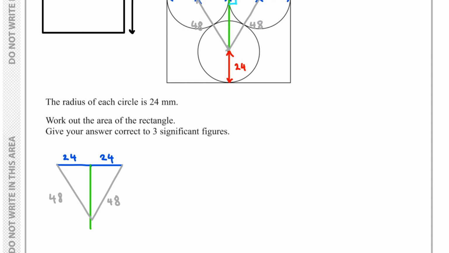So to work out the green one, of course, here we just simply need to use Pythagoras. So let's just show that. Okay. So here we need to use Pythagoras. We'll call this x. So to work out what x is, we've got x squared equals 48 squared minus 24 squared.